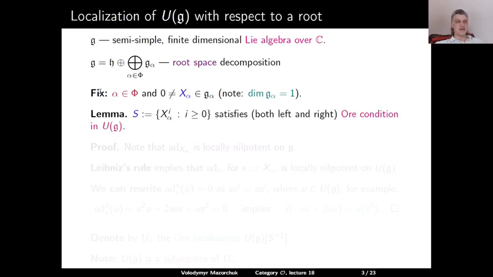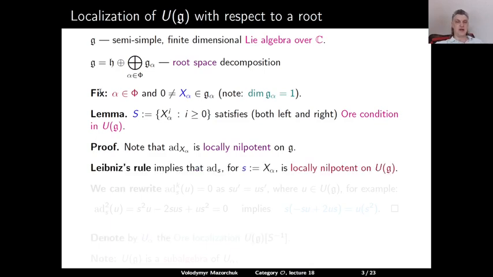Lemma: the set S of all powers of the element x_alpha satisfies both left and right Ore condition in the algebra U of g. To prove this, we first note that the adjoint operator of x_alpha acts locally nilpotently on the Lie algebra g. From Leibniz's rule, it follows that this element also acts locally nilpotently on the universal enveloping algebra U of g.